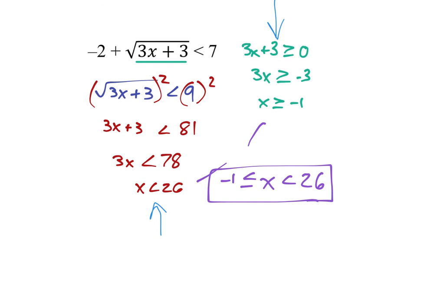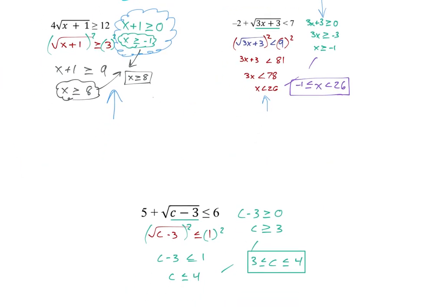If I pick a number that's too large, like 28, it doesn't verify the initial solution. If I pick a number that's too small, like -10, it then makes my radical less than 0, causing it to be a negative number, which means we can't have that either. So the only values for x that will work on this particular problem is the ones that satisfy both of those at the same time, which is when x is in between -1 and 26.